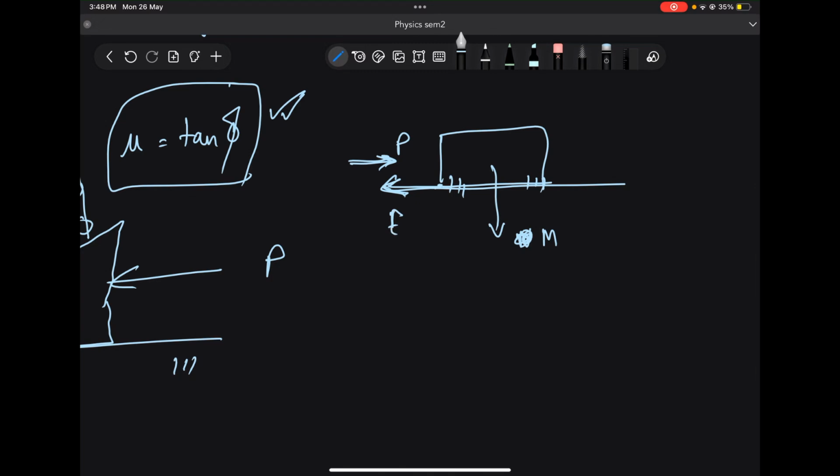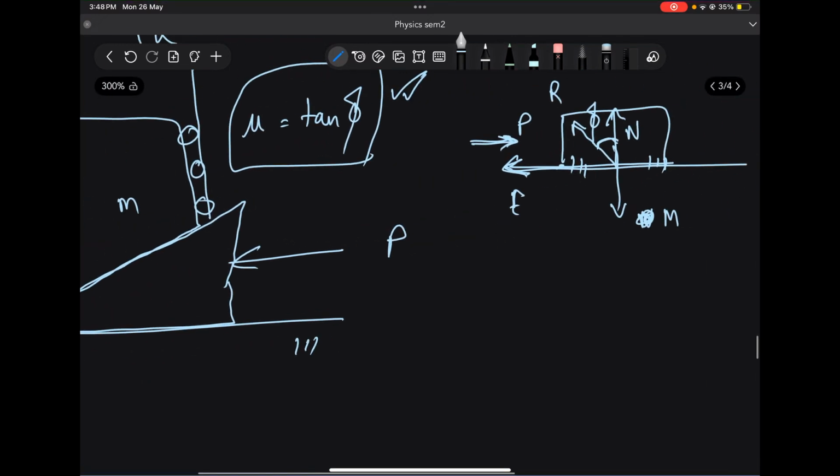Now, if you consider the normal reaction force, which will be along this direction, the resultant reaction force will be along this, and this angle will basically be phi. So remember this concept, and we will be using it to solve this problem. The P here is just sufficient so that the block doesn't move. So using that, we will find out the following concepts.